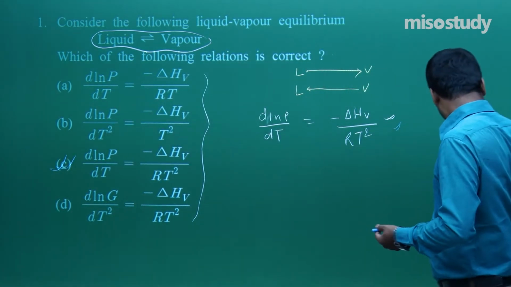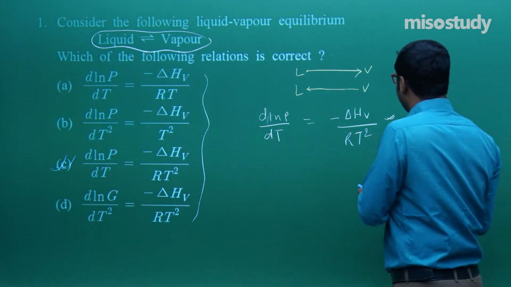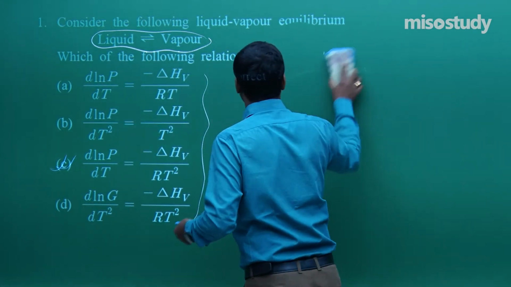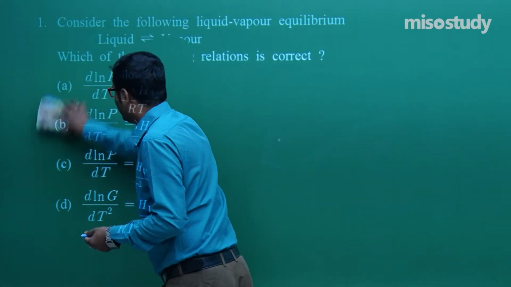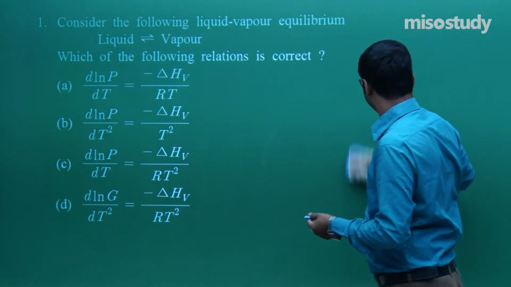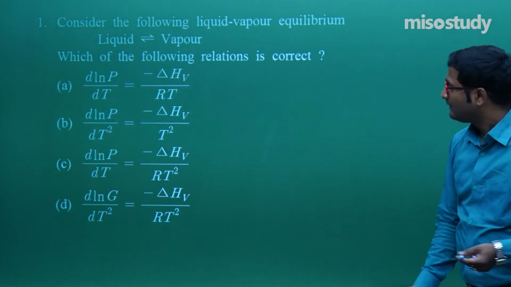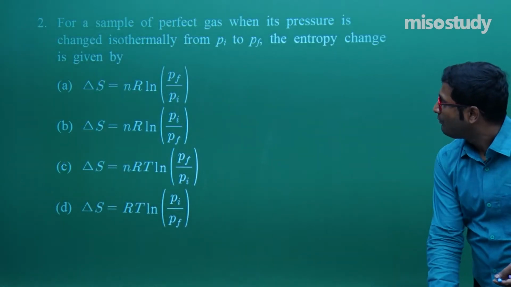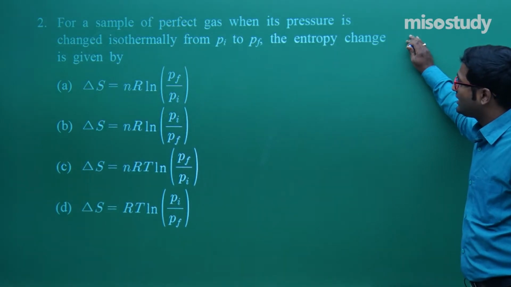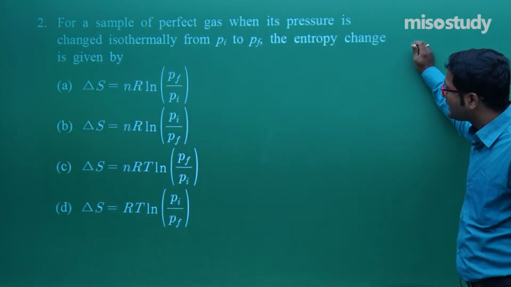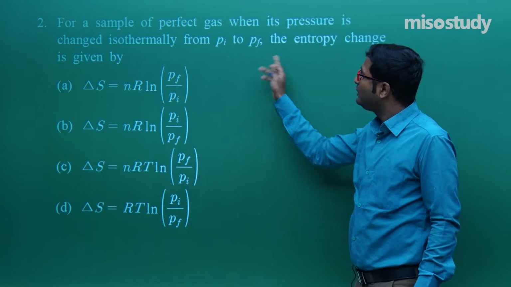Now wait for a moment, friend. Let's move to the next question. This is a completely theory-based question, and you can easily solve such kinds of questions. Now the next one. For a sample of perfect gas, when its pressure is changed isothermally from Pi to Pf.